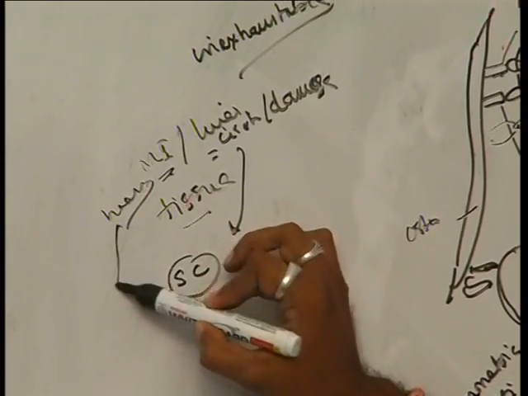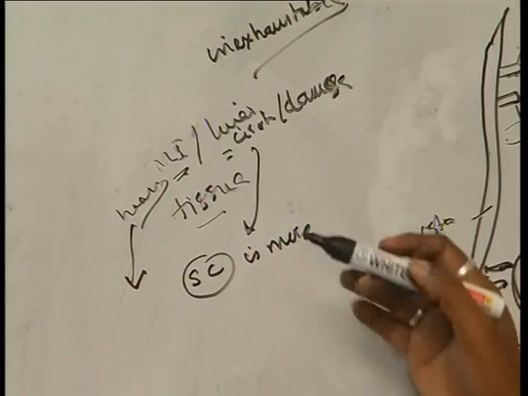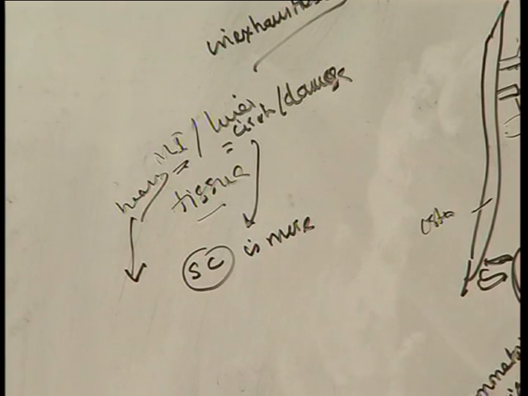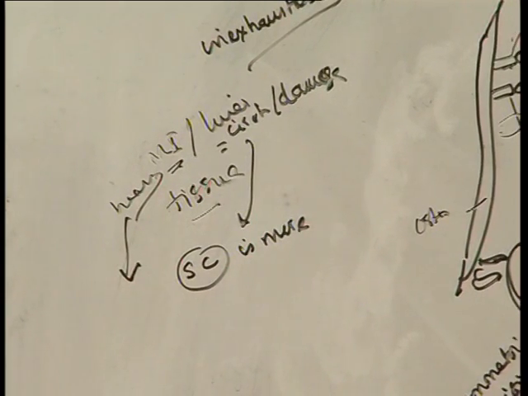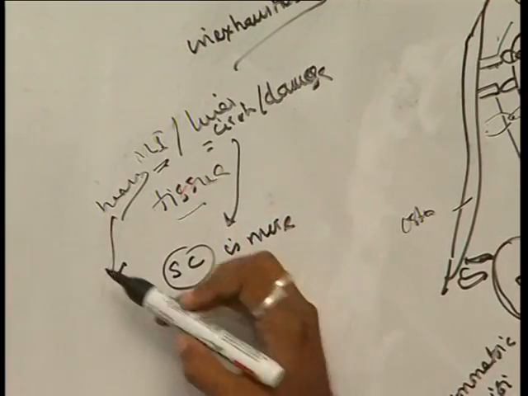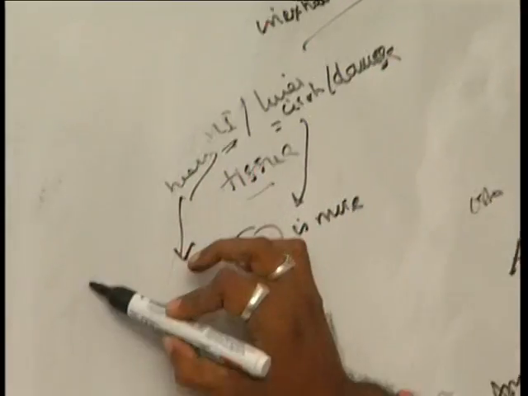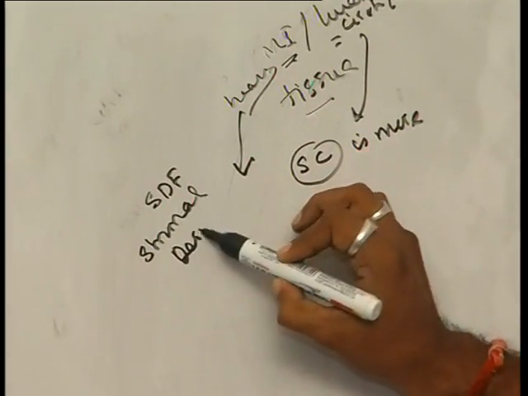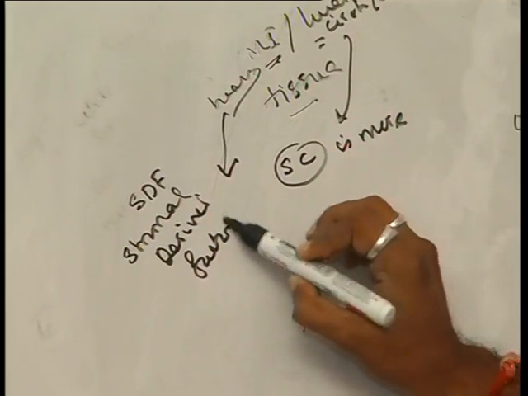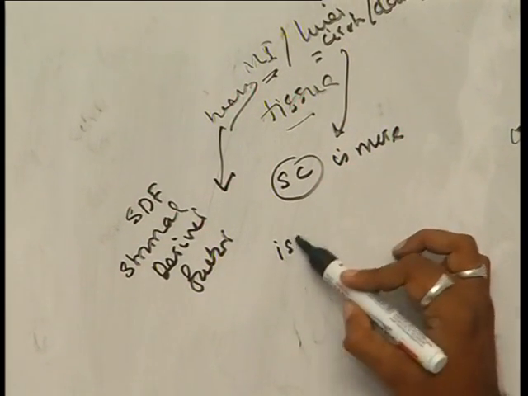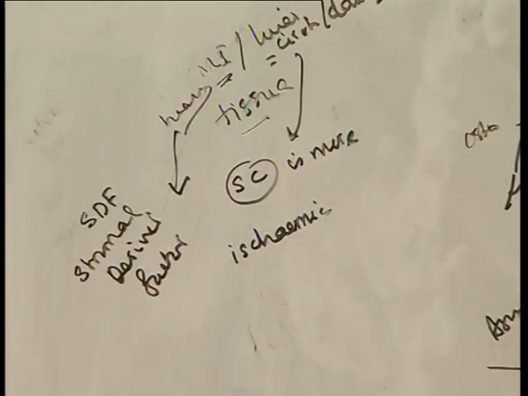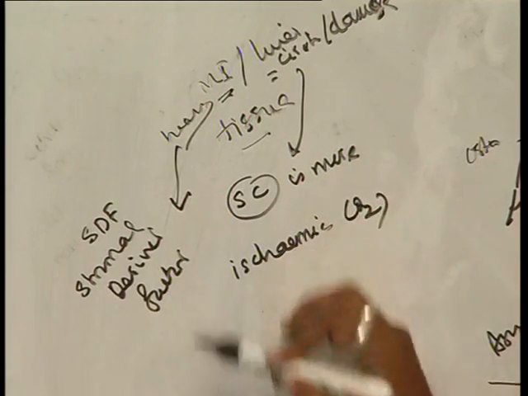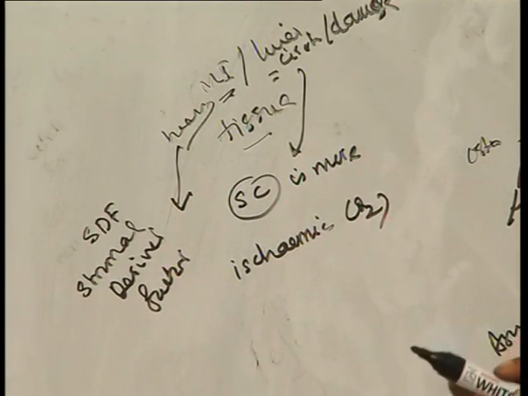Now the heart senses the signal, I am damaged, and it requires assistance from the bone marrow. It wants assistance from stem cells derived from the bone marrow. It sends certain signals. One signal is SDF, called stromal derived factor. Any ischemic tissue, meaning one that is devoid of oxygen, sends a signal to the bone marrow to recruit the stem cells.